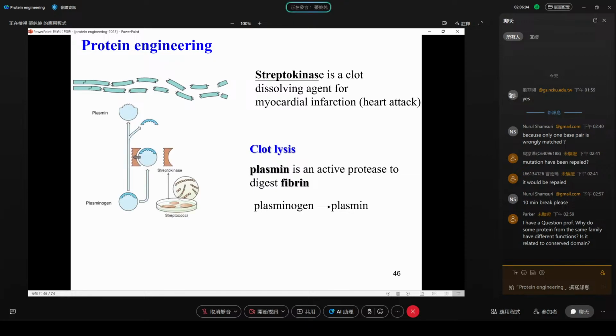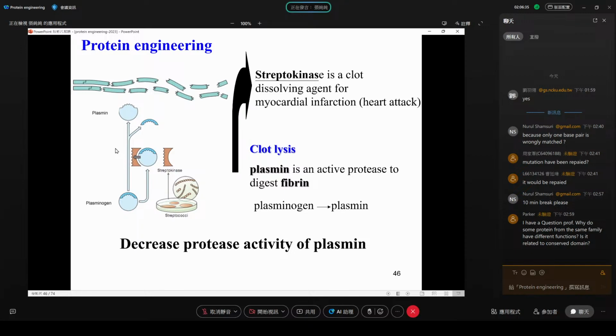What is the problem? Plasmin and streptokinase are also proteins, so they will digest their own protein immediately. So they lose function for this protease very soon.